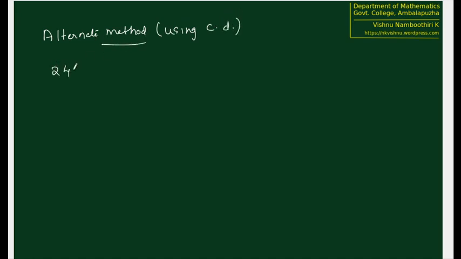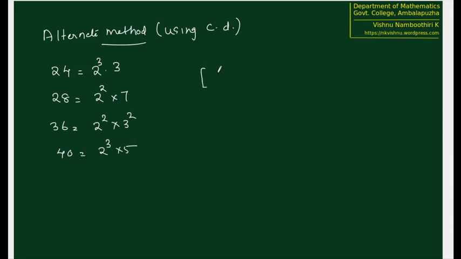For 24, the prime factorization is 8 into 3, that is 2 cube into 3. 28 is 4 into 7, that is 2 square into 7. After that 36 is 4 into 9, which is 2 square into 3 square. Now 40 is 8 into 5, which is 2 cube into 5.